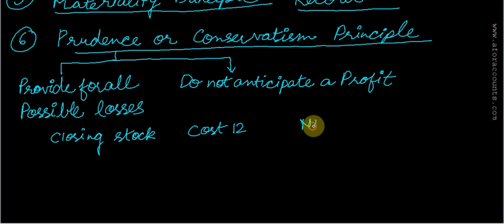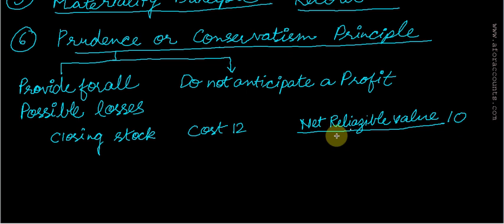My net realizable value is only 10. What is net realizable value? If I go into the market and try to sell it, I will not get 12, I will get only 10. So how should I record the closing stock? The closing stock should be recorded at 10 and not at 12.